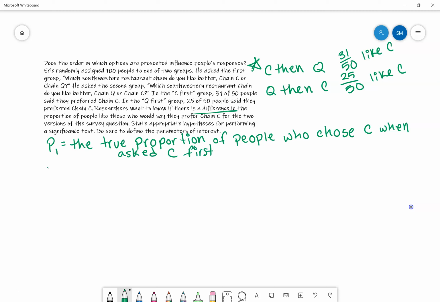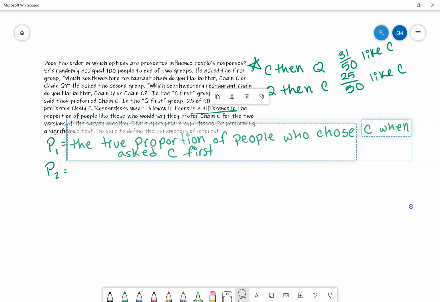Now the second one, P sub 2, is going to be the same thing, but different. I finally figured out where that's from. You'll know how I've been saying that all year. You're like, where is it actually from? I tried to find a clip on YouTube to show you guys, and then it was from the interview.